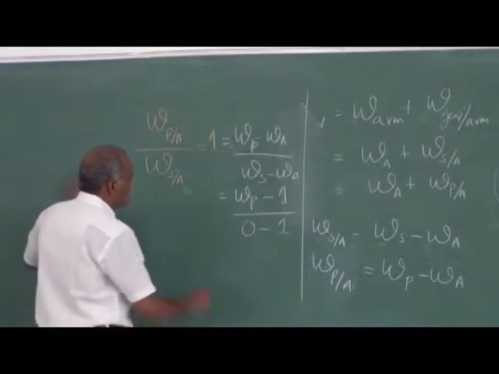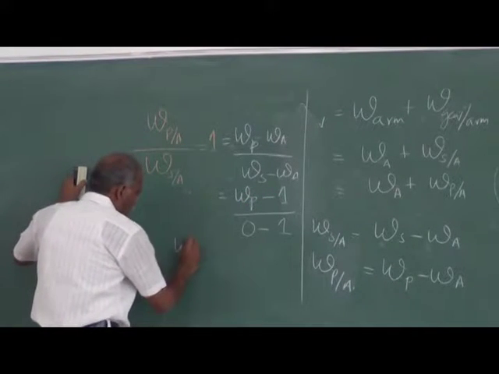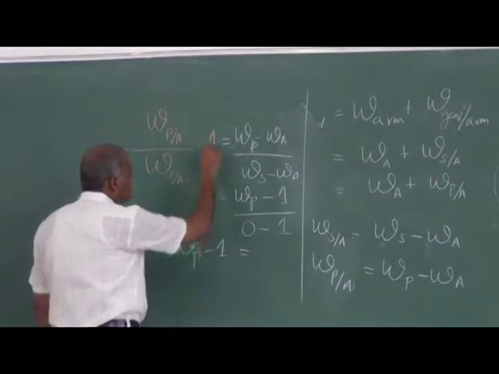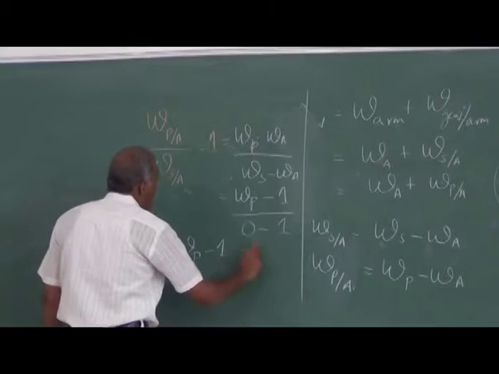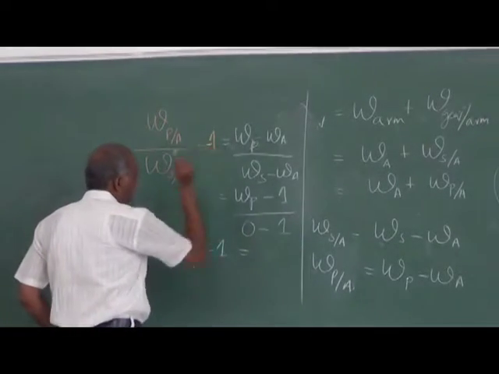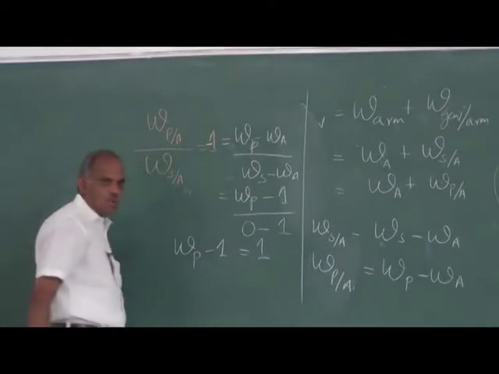So we have omega p minus 1 is equal to, since these are 2 external gears, we have a minus sign, and minus and minus cancel, that is 1.